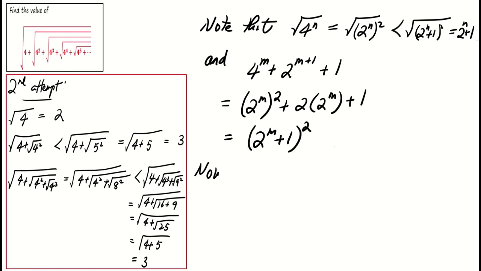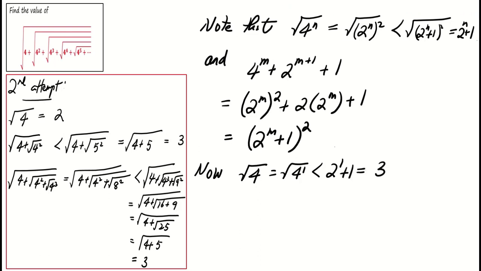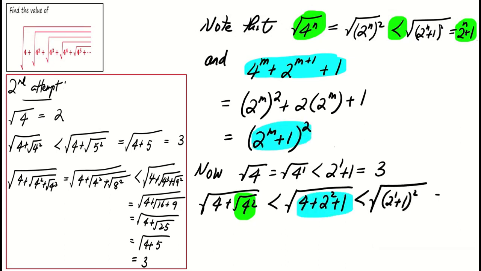So we look at this term again. Square root of 4 equals square root of 4 to the power 1. So using the first result that we have above, it is less than 2 to the power 1 plus 1, which equals 3. For the second term, square root of 4 plus square root of 4 squared is less than square root of 4 plus 2 to the power 2 plus 1. Using the second result that we obtained above, this expression is less than square root of 2 to the power 1 plus 1 squared, which again equals 3.